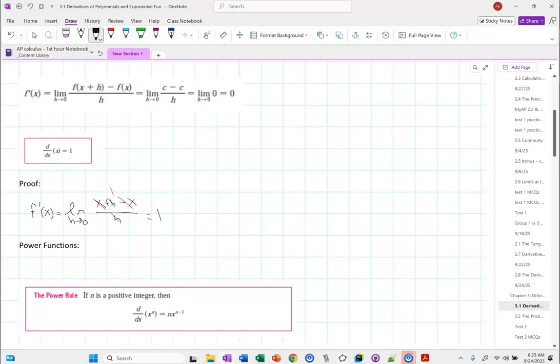So it's 1. Woo! You know how c was the constant? Now it is the variable x. The derivative of the variable x is 1.